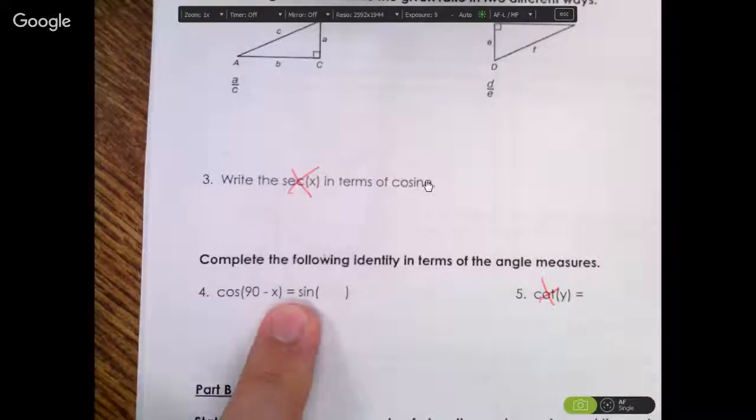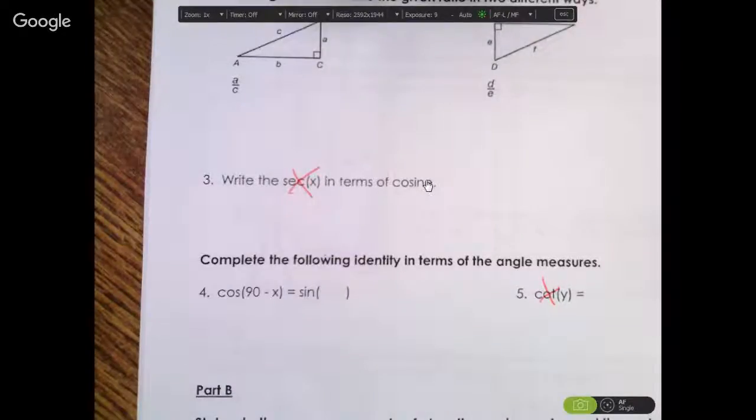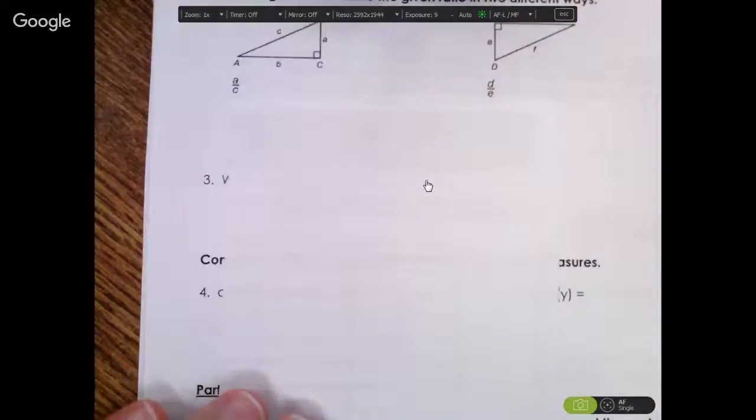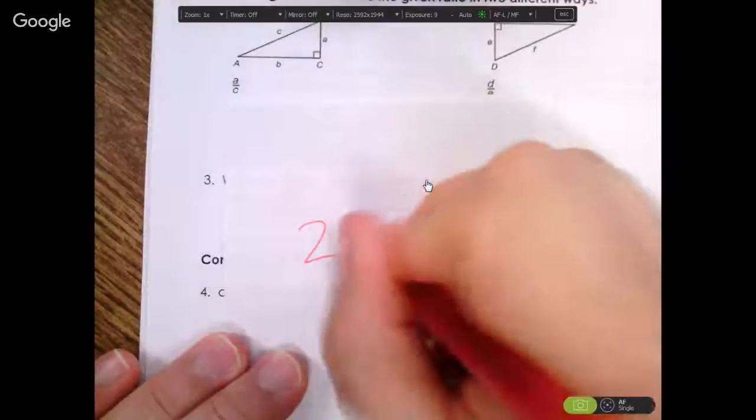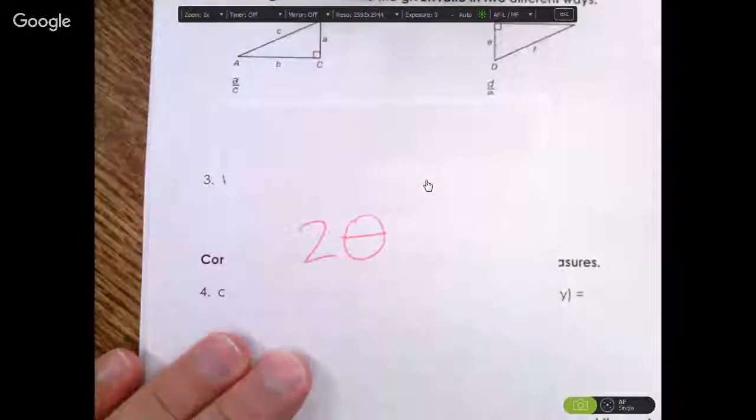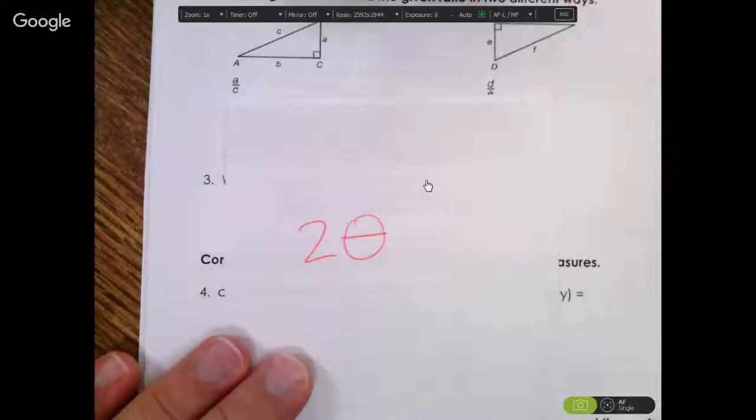Why haven't we learned theta? They put Beta, 2 theta everywhere, and 2 theta is equal to sine of theta times cosine of theta. All right, when we have an unknown, what letter do we use?